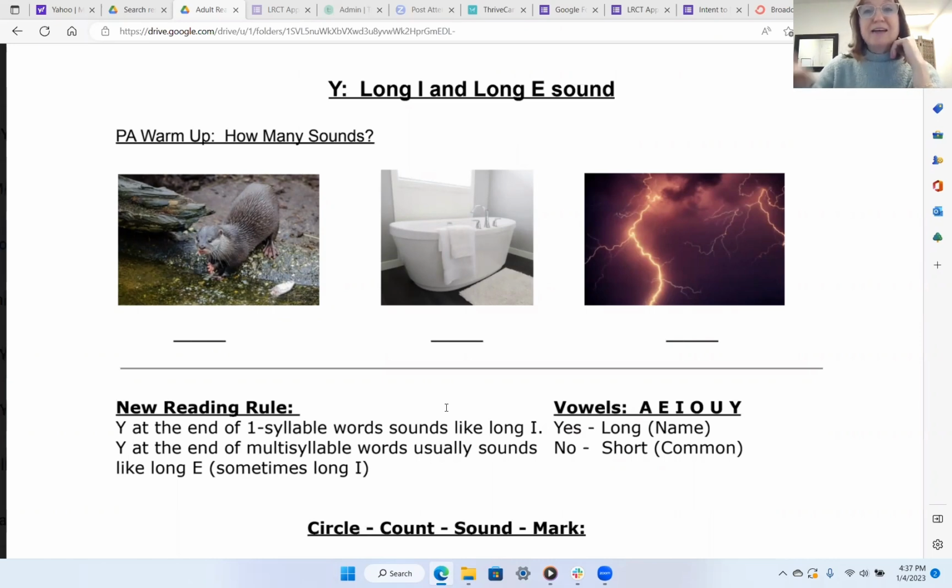Thunder has th, u, n, d, er. Again. For the computer, that is the TH voiceless sound. My tongue is between my teeth and I'm blowing. Th, u, n, d, er.